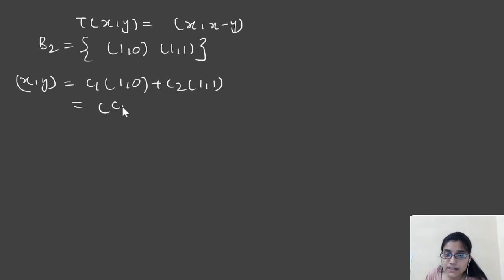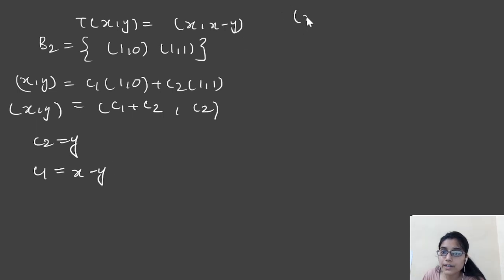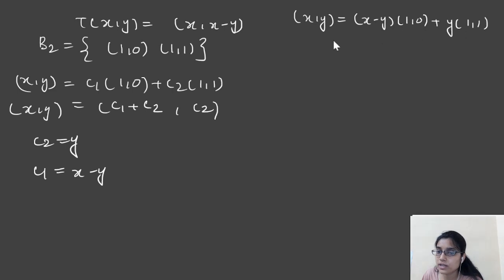This is your c1(1,0) + c2(1,1), and this is x comma y. So you are getting c2 as y and c1 as x-y. So here you got (x-y) times (1,0), plus you got y times (1,1), okay. And if you want, you can check it once also that you are getting right or not.